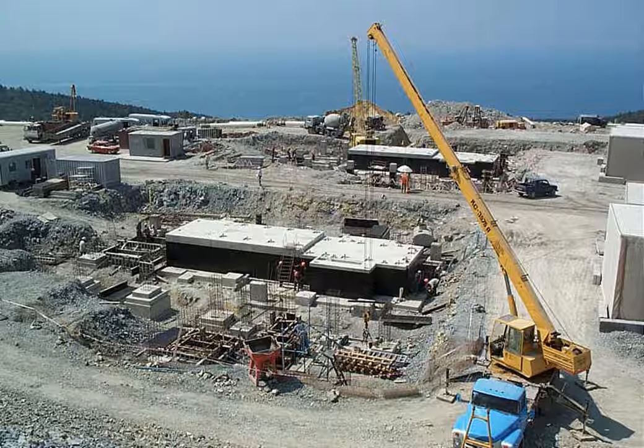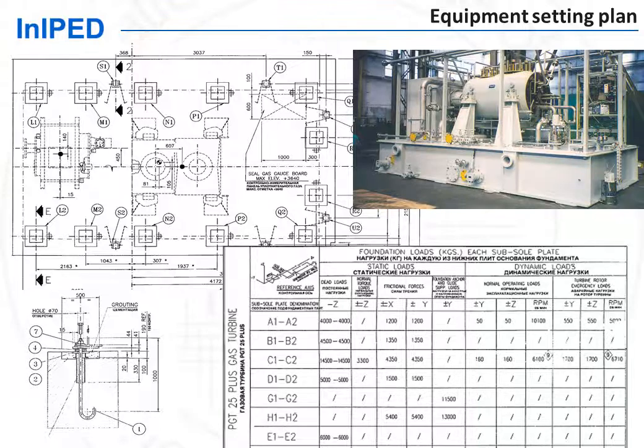This design requires information from equipment vendors. The required information is the equipment setting plan, which indicates the number and position of anchor bolts, as well as the load of the equipment on its foundations.